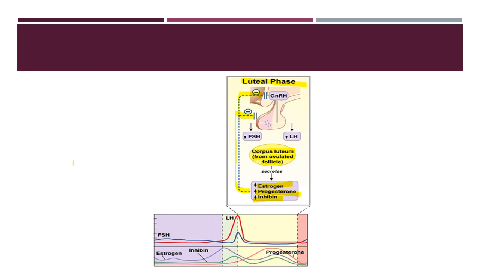After ovulation, levels of LH and FSH will decrease significantly, while levels of progesterone and estrogens will increase due to, of course, the corpus luteum secretion of these substances.